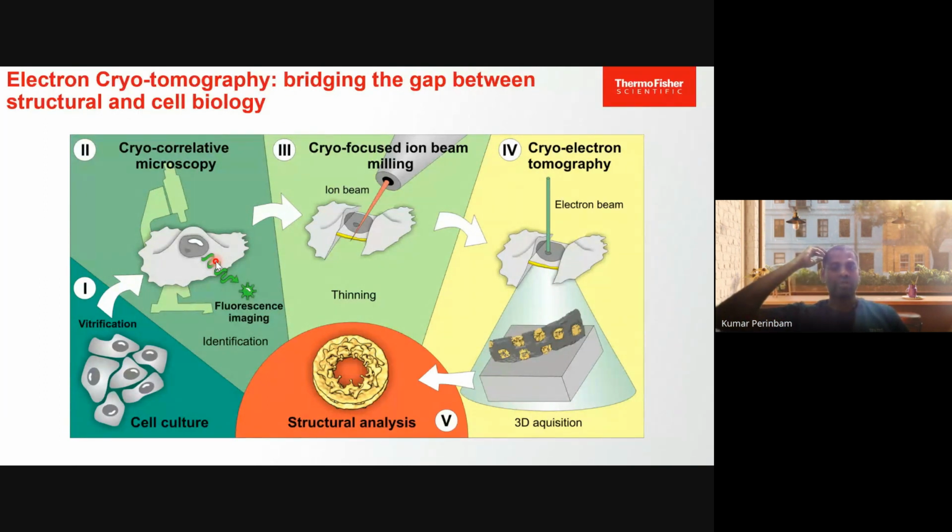So you put a GPCR or green fluorescent protein, a GFP, RFP or YFP, and then you take the tissue and see the place where it is fluorescing, and then you mill it, in the sense you just etch it so that you remove material and make a small thin film of the sample, and then you can put it in the electron beam so that you can get the structural analysis.